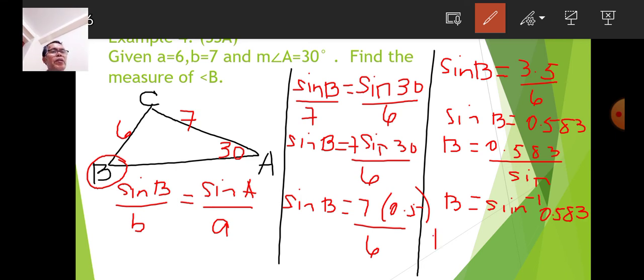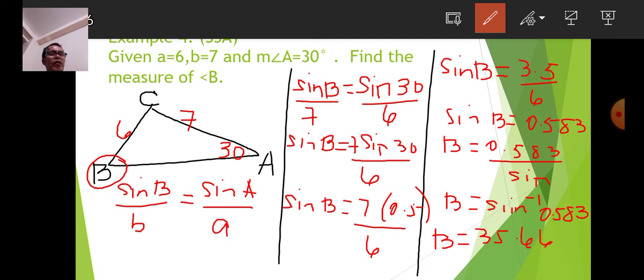So B, in your calculator, press the shift or second function and then sine and then the number. So it is equivalent to 35.66.